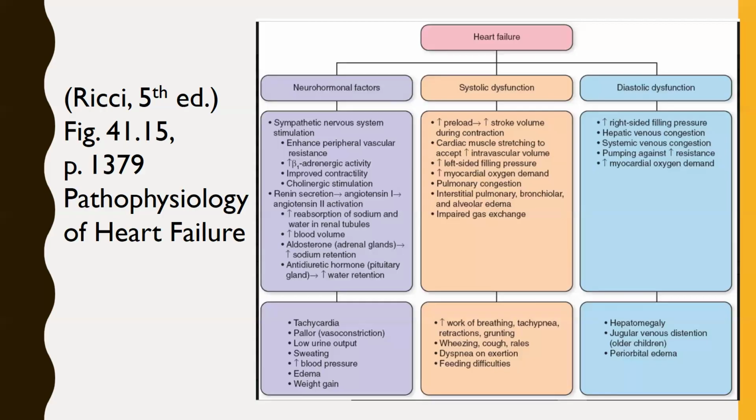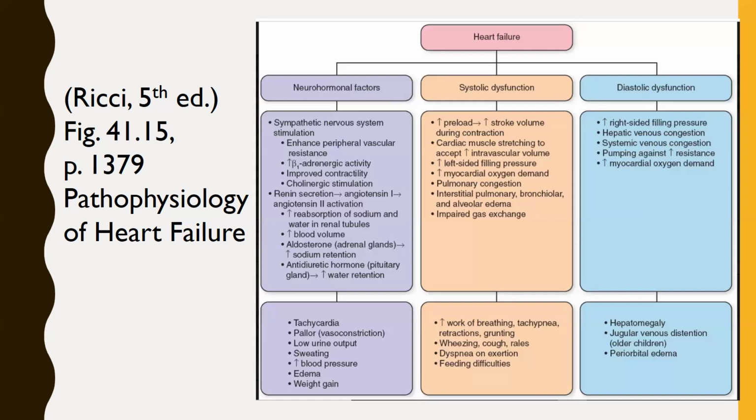The adrenal glands with aldosterone will cause an increase in sodium retention. And of course, the pituitary gland's antidiuretic hormone will increase water retention. So the client will have tachycardia, pallor due to vasoconstriction, low urine output, sweating, increased blood pressure, edema, and weight gain.